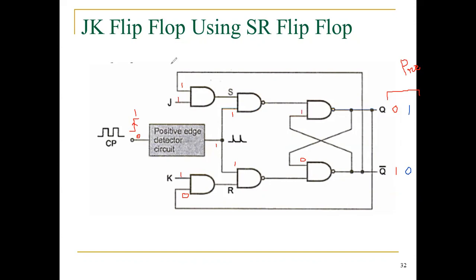Now, at the time of giving the positive edge trigger pulse, what will happen? Since one of the inputs of this is equal to 0, here it is 0. Then all the inputs are 1, output will be 1.